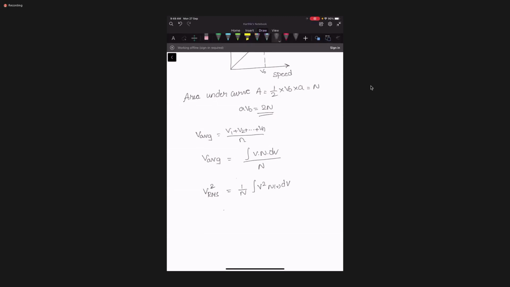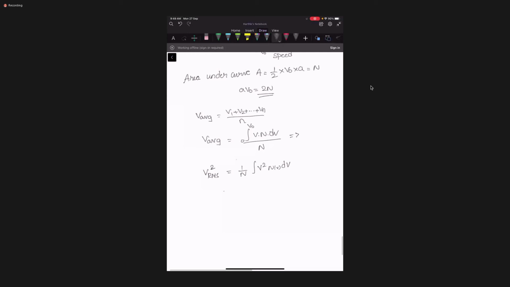Then you do this, how much you'll get? 1 by N V square dV, no? Do the integration from 0 to V0. Similarly, this is from 0 to infinity. So VRMS square is equal to 1 by N integral up to V0 only, no?